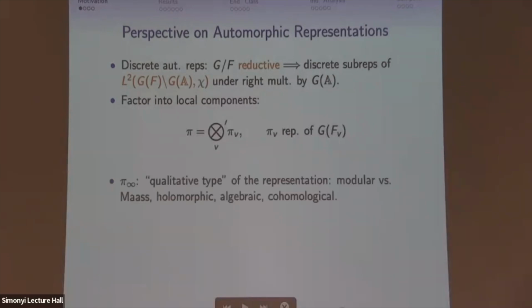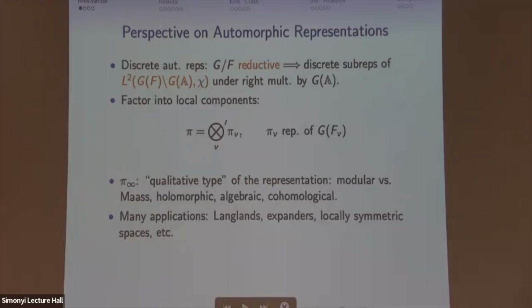And the places over infinity in this perspective play a special role, where the place over infinity tells you the qualitative type of a representation. So maybe whether it corresponds to modular or Maass forms, whether it satisfies adjectives like holomorphic or quaternionic. And we'll talk a little more later about whether they're algebraic or cohomological, and what role they play in applications of automorphic representations.